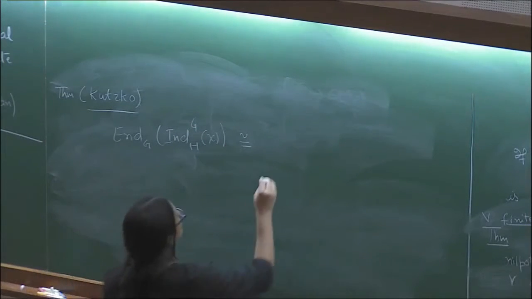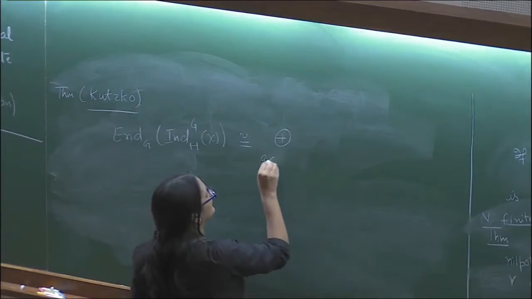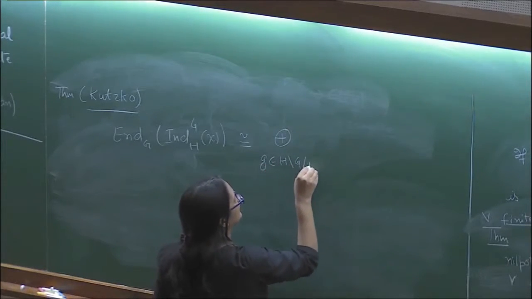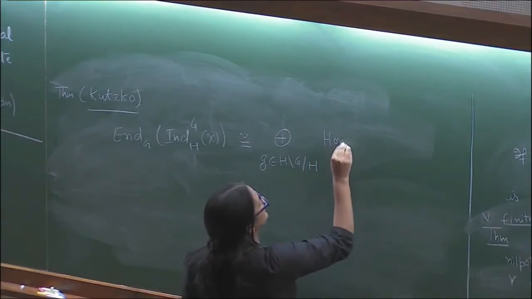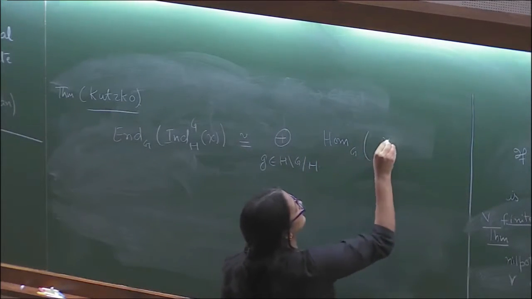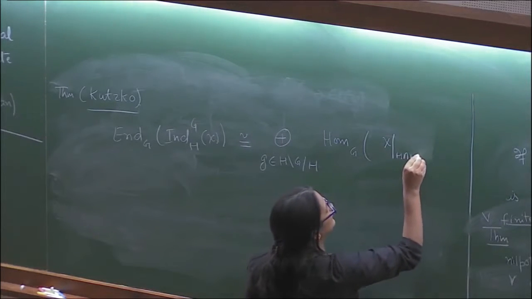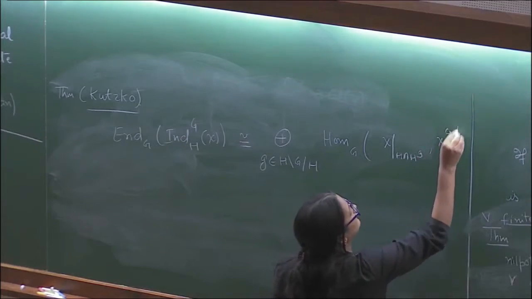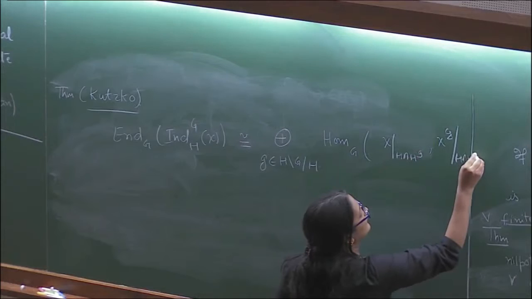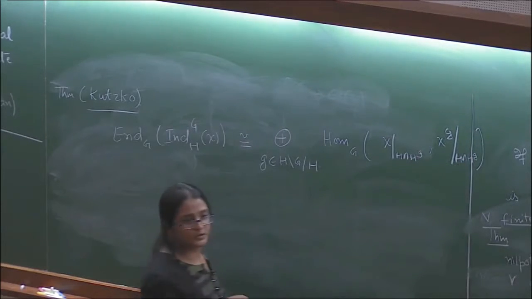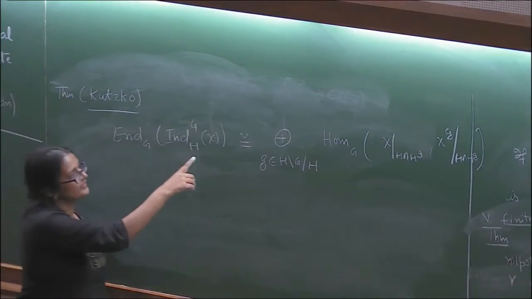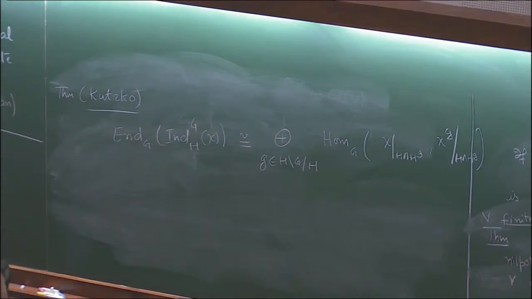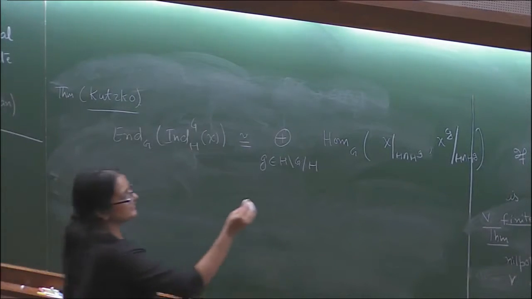It's analogous to what we have in the finite case. So this is exactly the result that we have for the finite case, right? That the endomorphism algebra of this is isomorphic, as vector spaces, to the following.